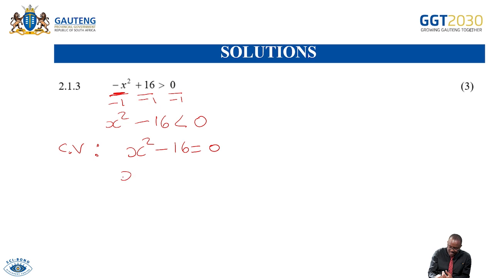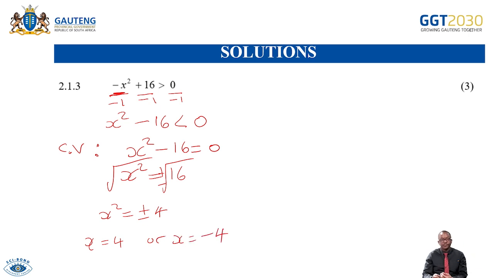Or we can simply say x squared is equal to positive 16, then we introduce the square root. It's going to be x is equal to plus minus 4. It means x is equal to 4 or x is equal to negative 4. Some can say, I'm going to solve it using difference of two squares, which is okay. Correct? Now we have our critical values.